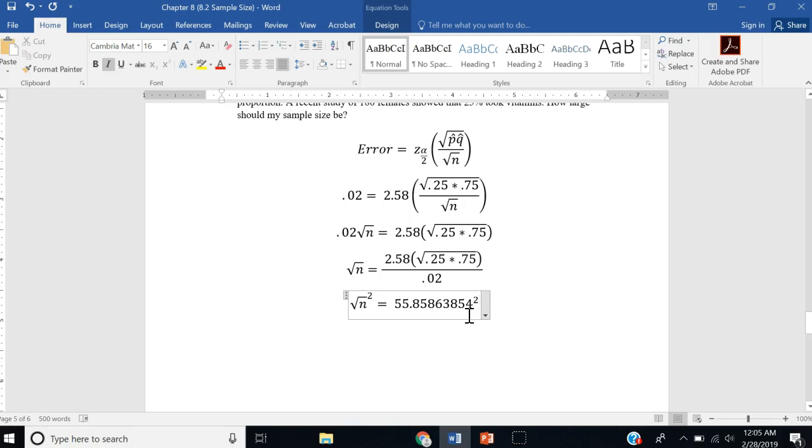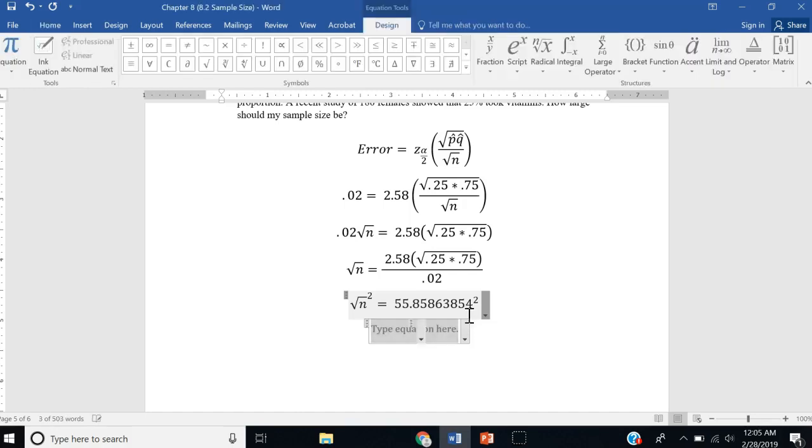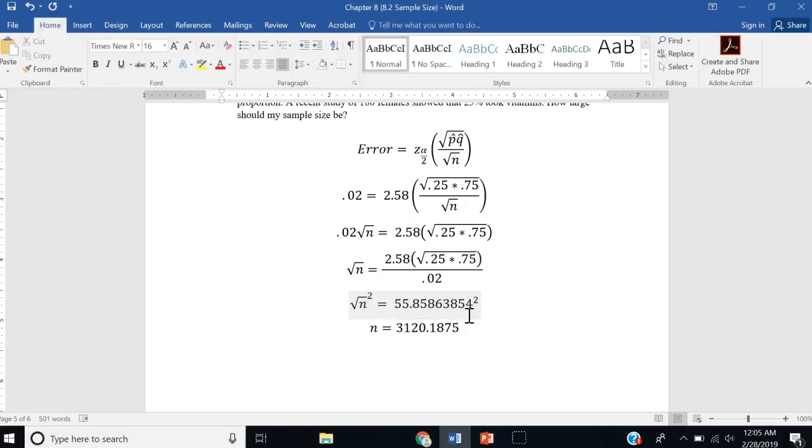So I'm just squaring that whole thing that's in my calculator. And what we get is 3,120.1875. That's my n. N equals 3120.1875. There you go. So what does that mean?